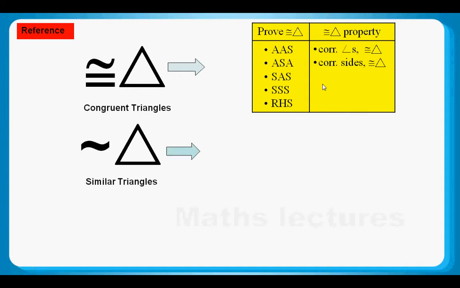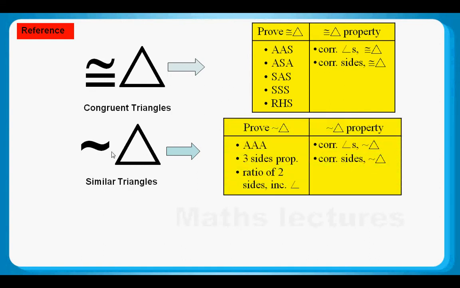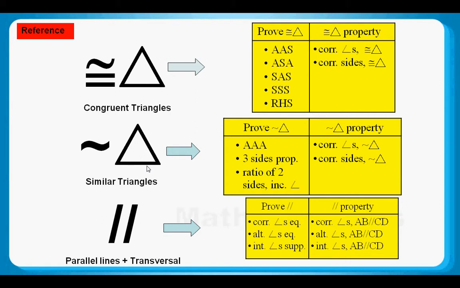It is the same in handling similar triangles, as well as parallel lines plus transversal. What is a transversal? A transversal is a line connecting two parallel lines. You will see it later on.